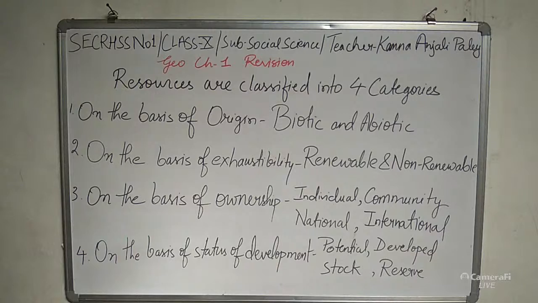To save the resources, we have made various resources as a reserve. Means the resources we know about, but some part of those resources has been reserved, conserved, so it can be used in future. That type of resource is called reserve resource. So these are the four categories of the resources.